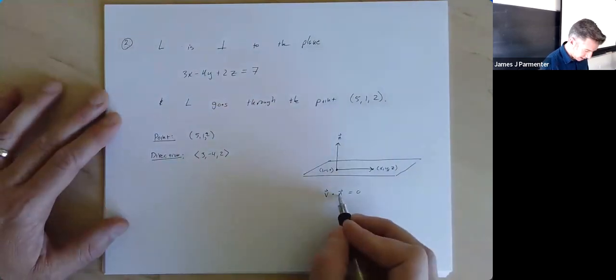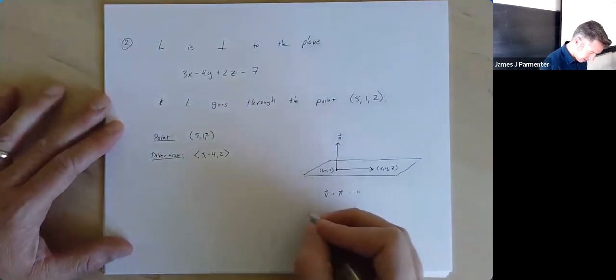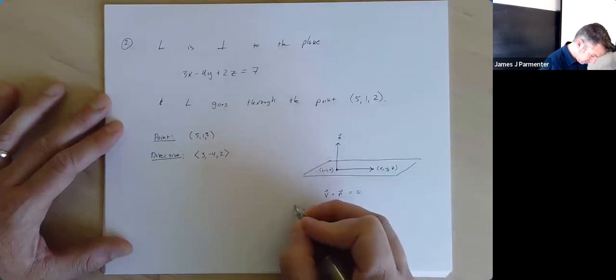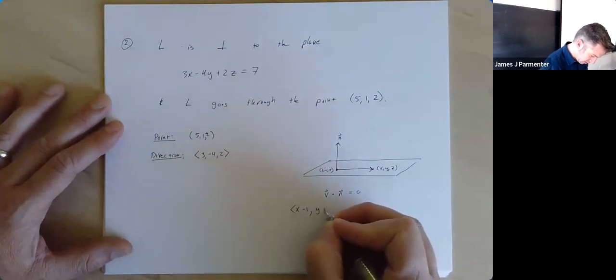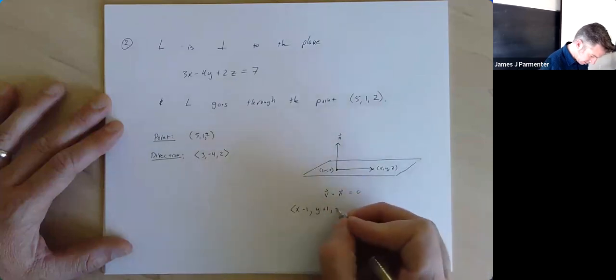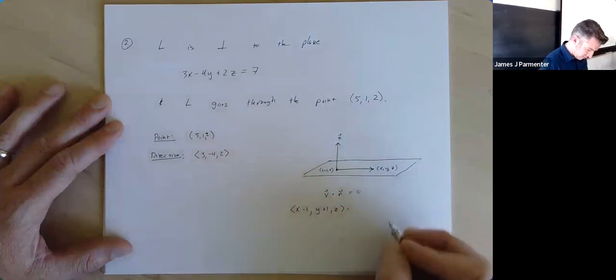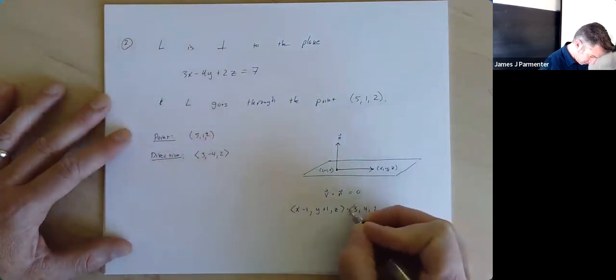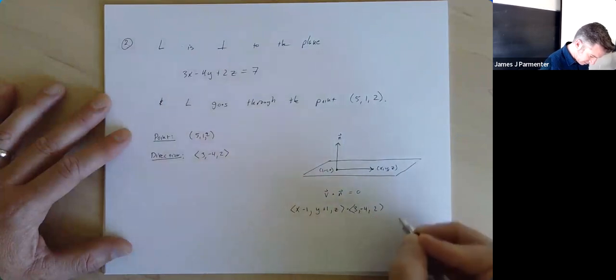But then if we look at what that vector needs to be, we're exactly getting this vector here, x minus 1, y minus negative 1, z minus 0, dotted with the normal vector, which is going to be 3, minus 4, 2.